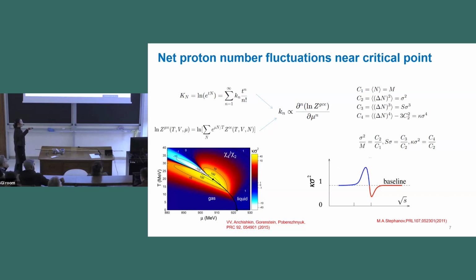There is a very deep negative region here, and a peak structure around this critical point. The typical structure is that this kurtosis decreases with collision energy, because this is another increase of the chemical potential.